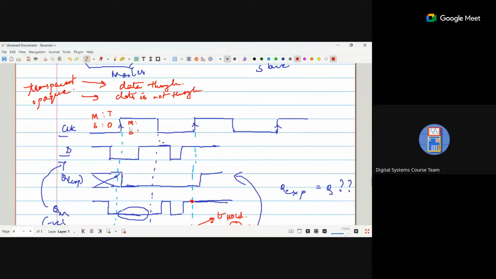So in positive, the master will be opaque and the slave would be transparent. Correct. And similarly, it proceeds. Again, master is transparent, slave is opaque, and so on it goes. So transparent is where the data goes through that particular stage, and opaque is where data does not go through and the older value is retained.